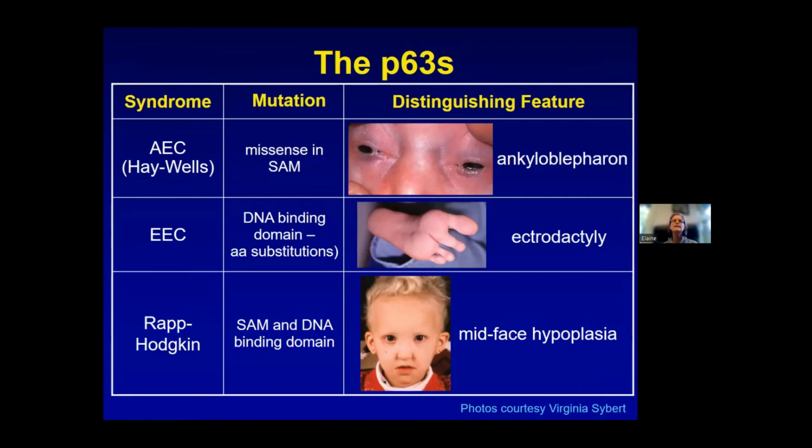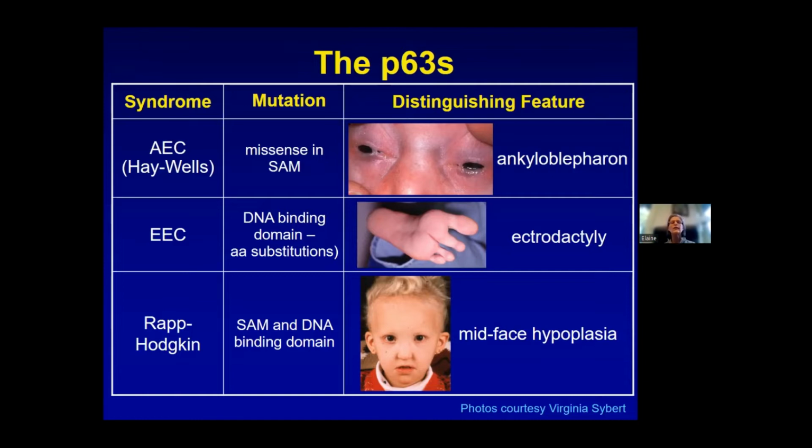Then we're going to move on, beyond the hypohidrotic ectodermal dysplasias and the rarer variants of ectodermal dysplasia, to the P63 group. Historically, these were always referred to as different conditions based on some distinguishing features. AEC, or Hay-Wells syndrome, featured ankyloblepharon. EEC syndrome featured ectrodactyly, and Rapp-Hodgkin syndrome featured characteristic mid-face hypoplasia. But we know that there are families where children have a Rapp-Hodgkin phenotype and an AEC phenotype.